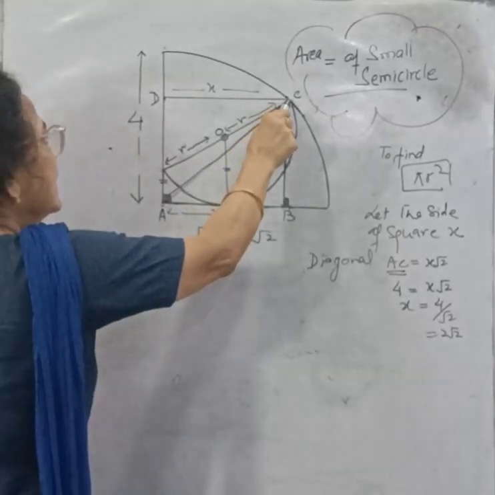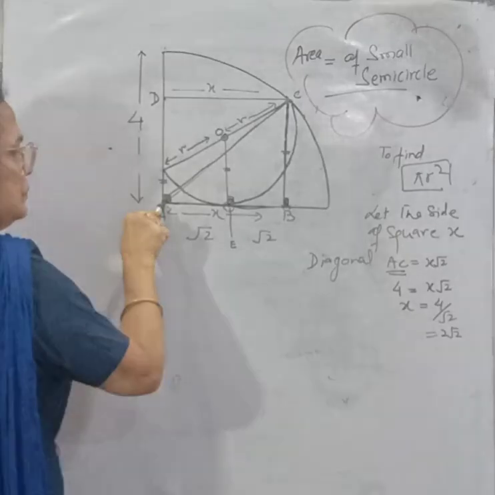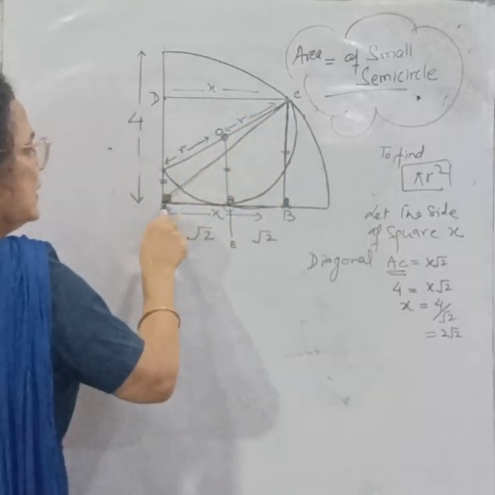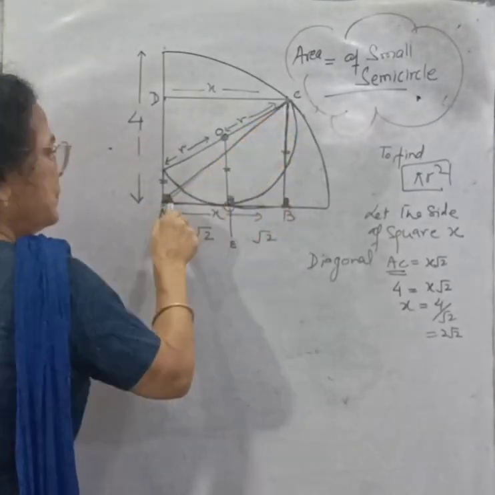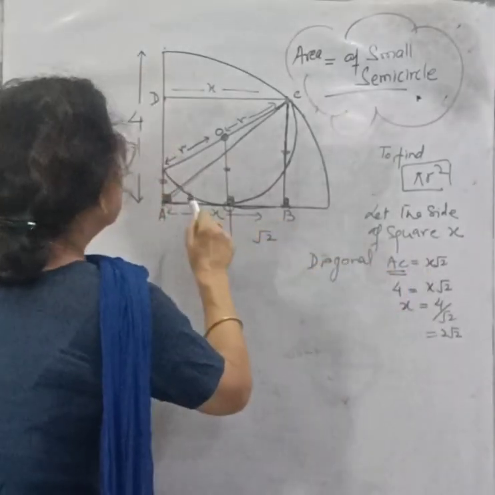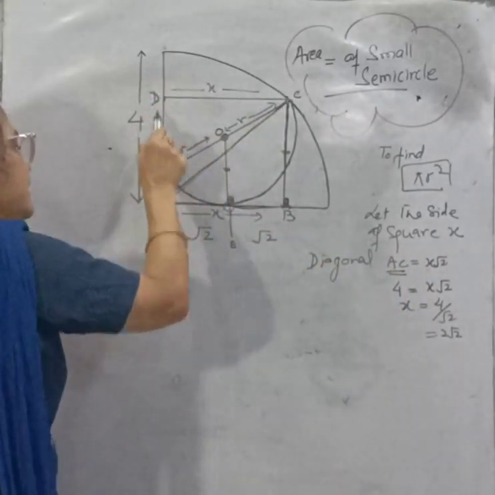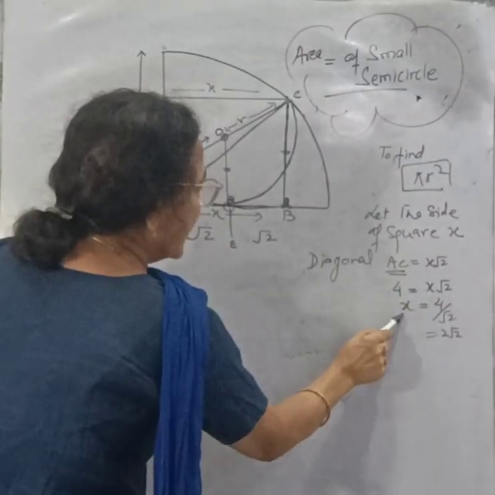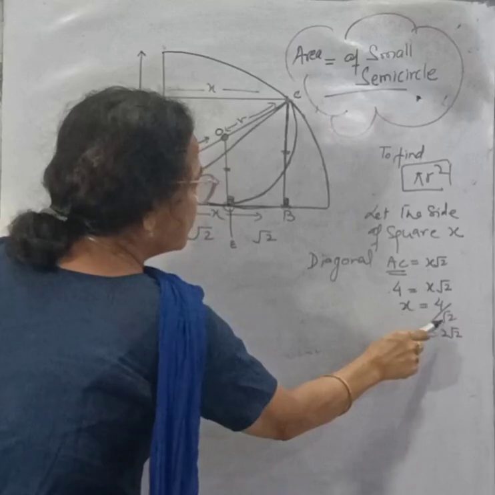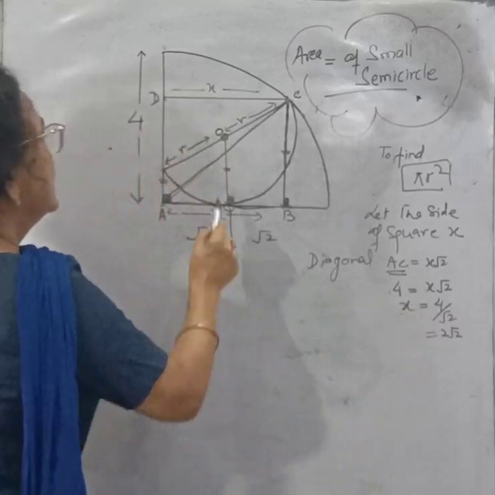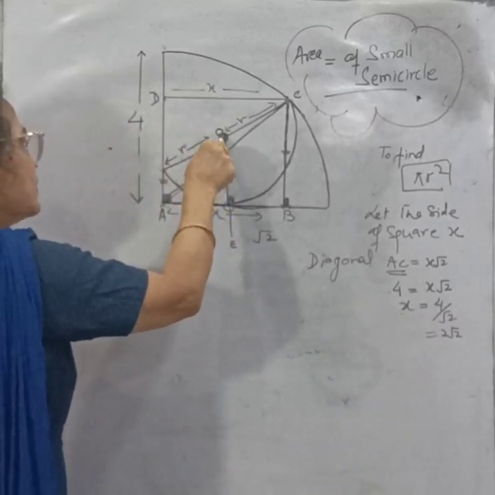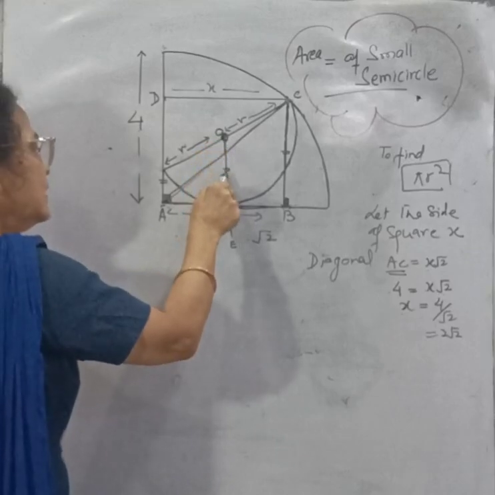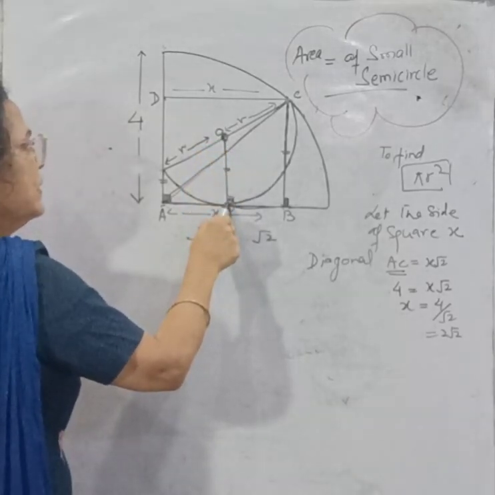This is the diagonal of the square, one side is x, so the diagonal will be equal to x root 2. This diagonal is nothing but the radius of the quarter circle. So 4 will be equal to x root 2 and hence x will be equal to 4 upon root 2, that is 2 root 2. Now we have dropped the perpendicular from the center of the circle on this AB.